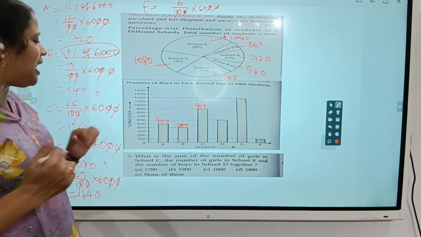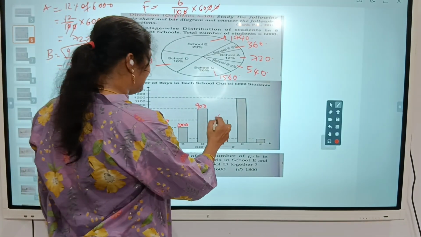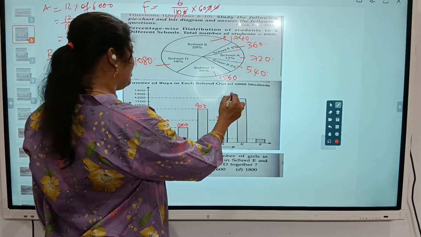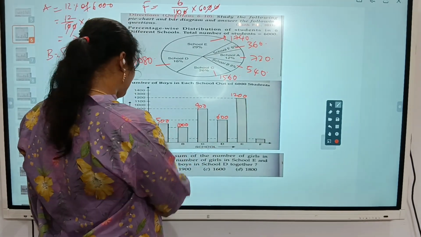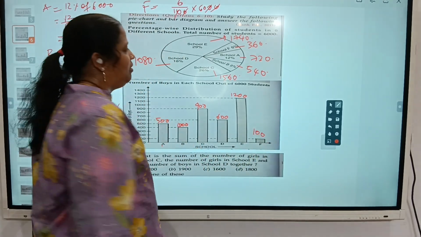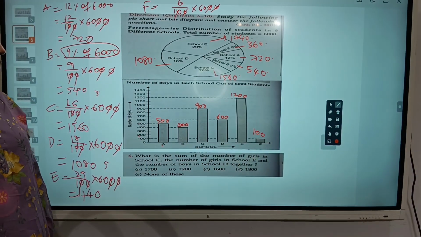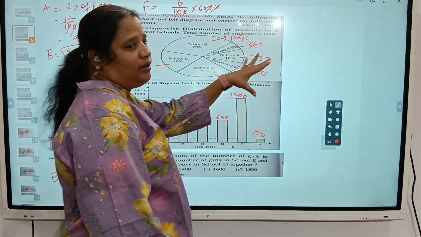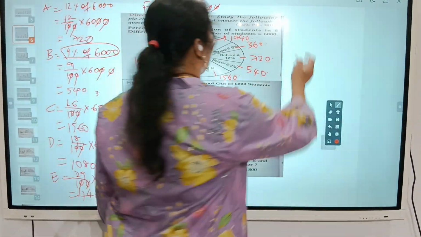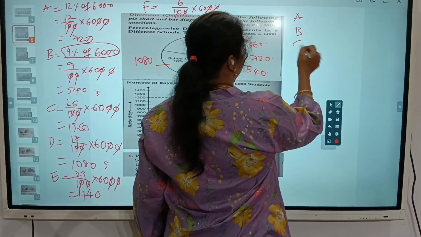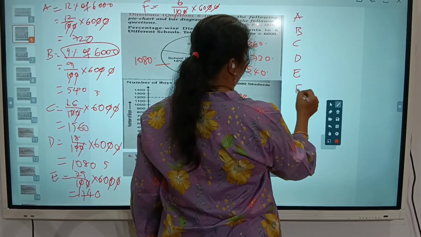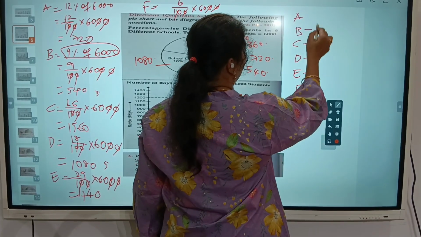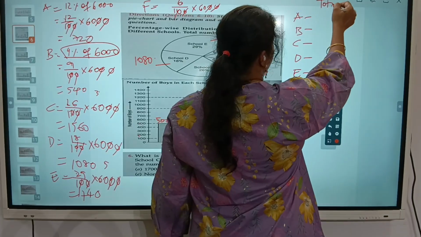Girl students, we have to calculate now. In D 600, in E 1200, and in F 100 students are boy students. So we got the total population of the school now. A, B, C, D, E, F. In each school, how many total students are there?